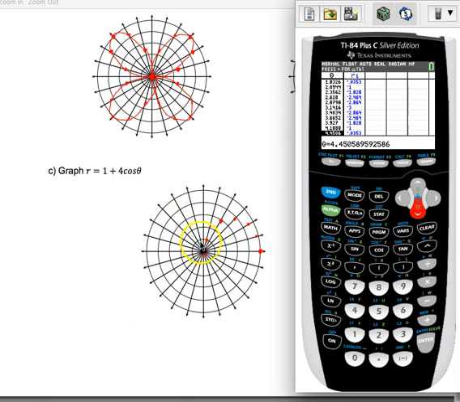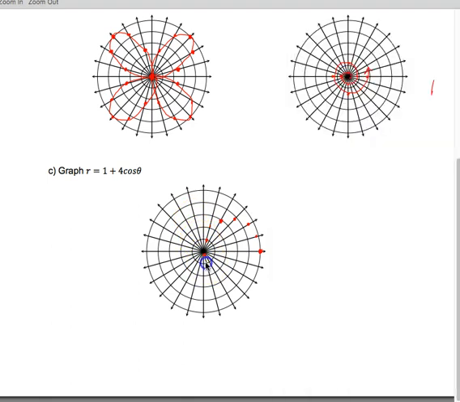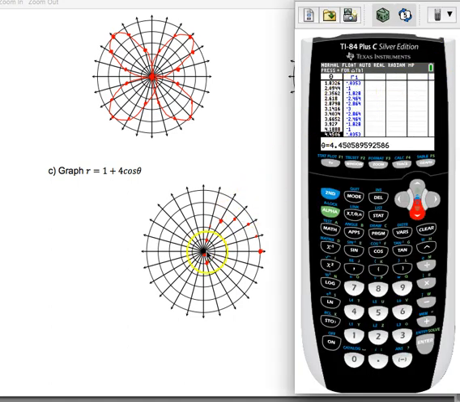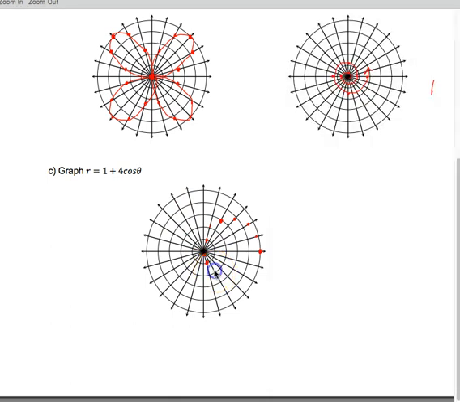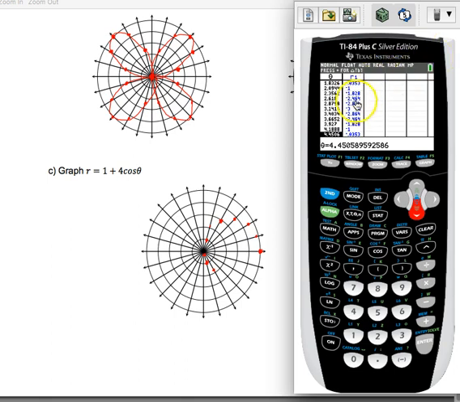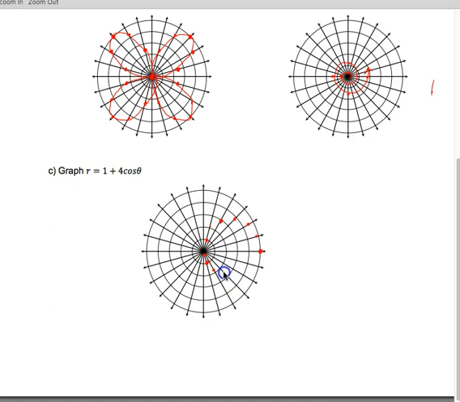So that means that we go, remember, directly across. So negative 1 would be right here. And then negative 1.8 happens when our theta is over here. So again, directly across, negative 1.8 would be right here. Then we've got negative 2.5, negative 2.8, and negative 3. So negative 2.5 would be right about here.